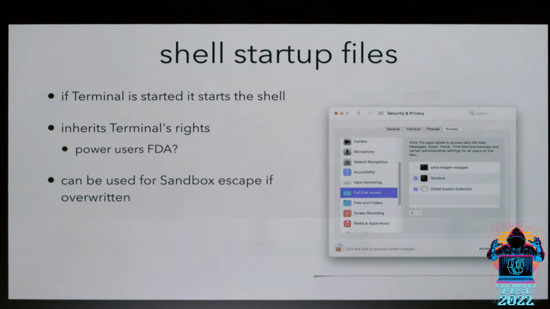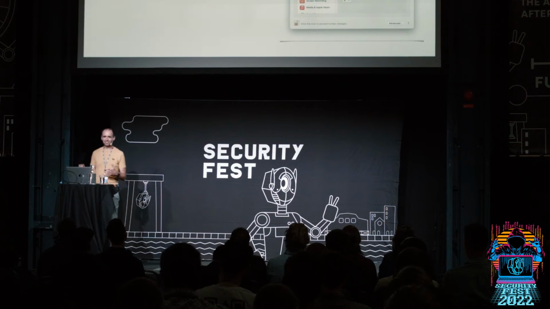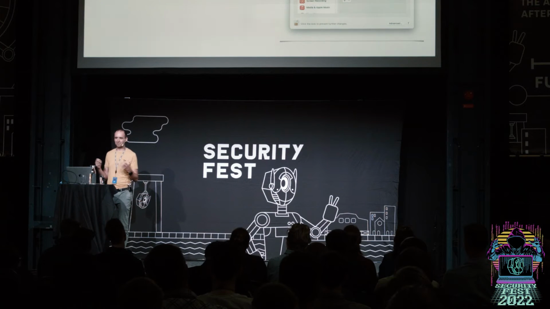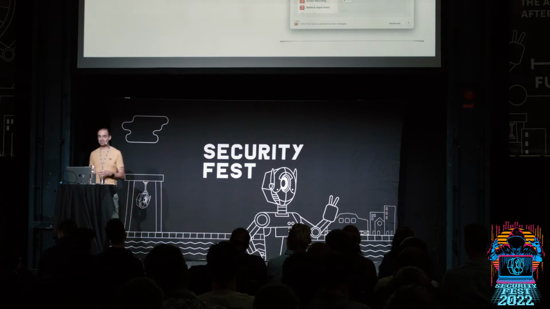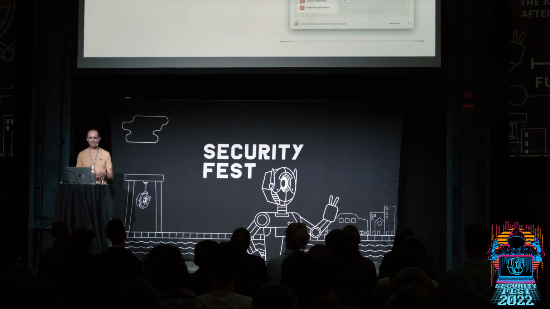Now, beyond that, why can this be interesting? macOS has this concept of privacy protection, which is called the TCC framework. These are all the prompts you get that say, hey, this application wants to access your camera, this application wants to access your microphone, your Desktop folder, your Documents folder, or wants to capture keystrokes or do screen recording.